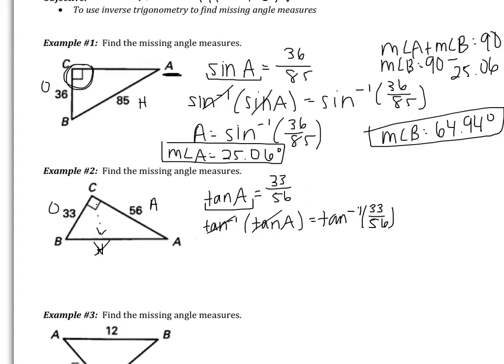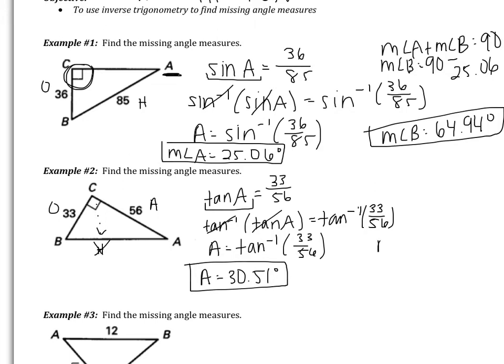They disappear. So I'm left with angle A is the inverse tangent of 33 over 56. Remember that it's inverse tangent. So when you go to your calculator, you're going to have to do second tangent. When you do second tangent, the -1 will appear. After I do this, I get A to be 30.51 degrees.